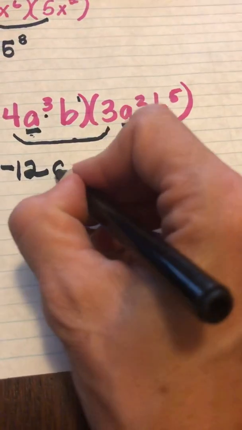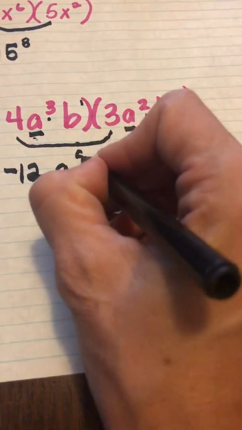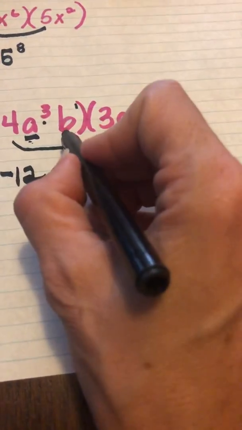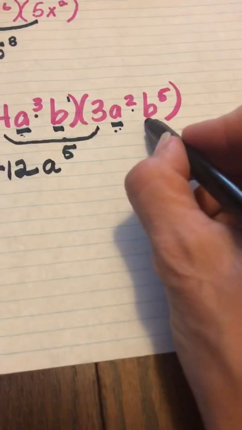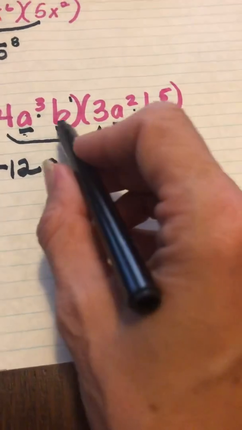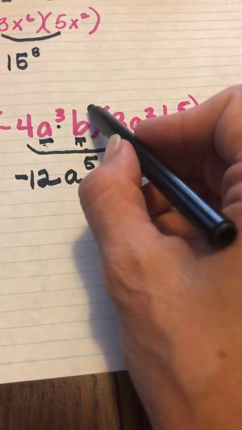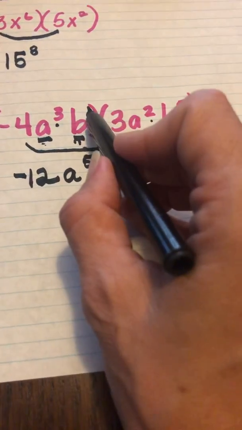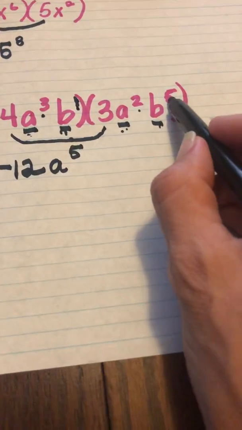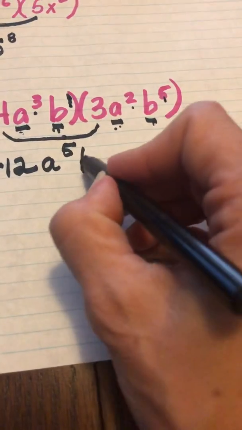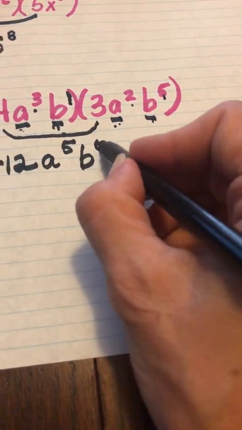That gives me A to the power of 5. And then we have B. These bases are the same, and like I said, that's not a 0, that's a 1. So we're going to add 1 and 5, and that's going to give us a power of 6.